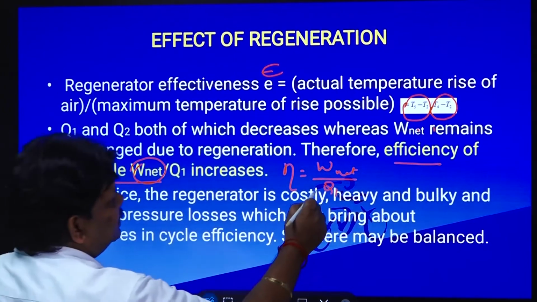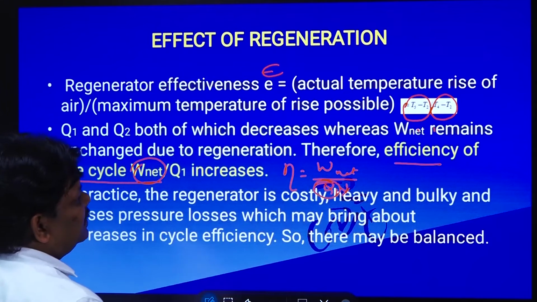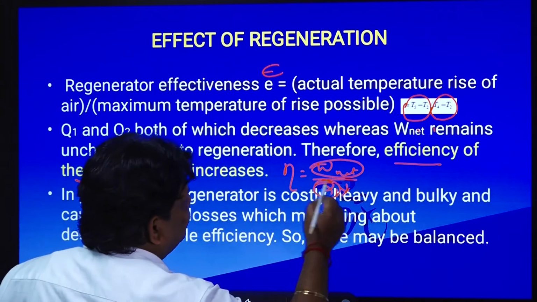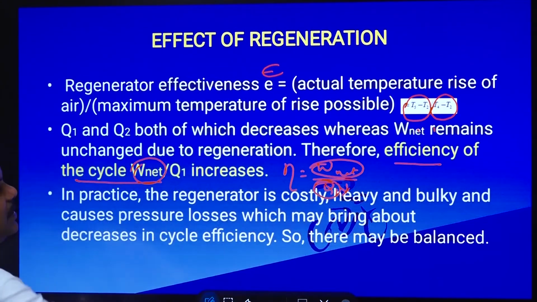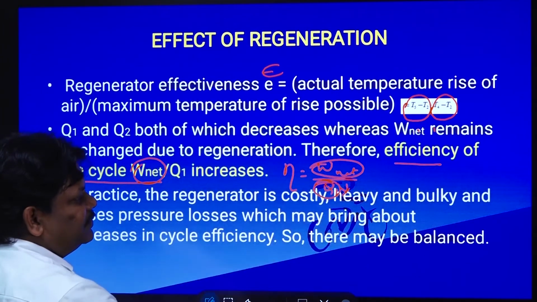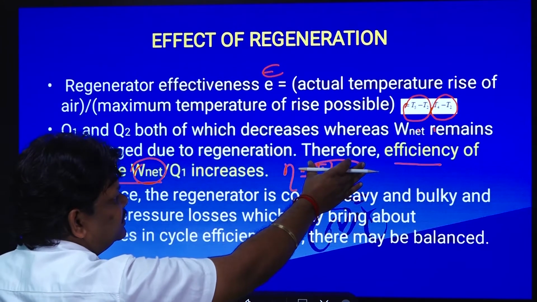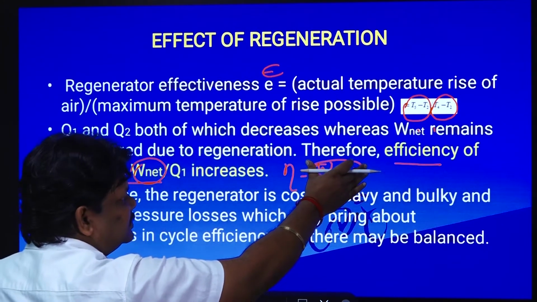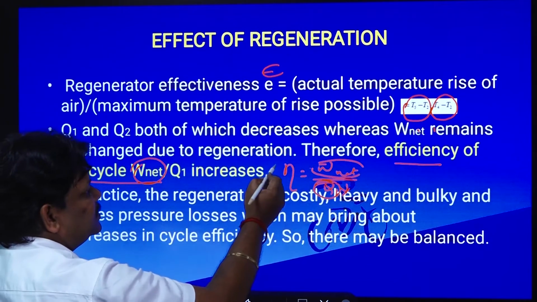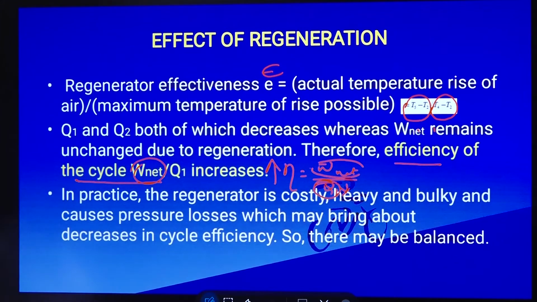Even though Q1 decreases, W net remains the same, so the denominator is reduced further and further. So without a change in the net work, the efficiency will increase.